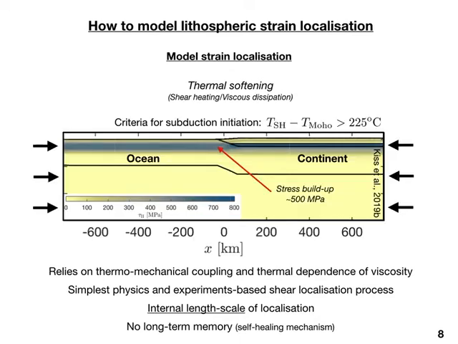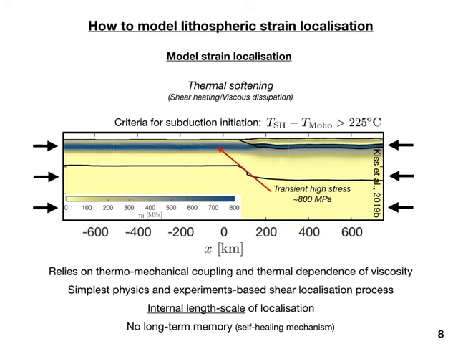Here is an example of subduction initiation by shear heating. On the left side you have an oceanic plate, on the right side you have a continental plate, and this system is subjected to pure shear compression. The color represents the magnitude of the stress. You see here a layer with about 500 megapascal stress in the oceanic lithosphere.